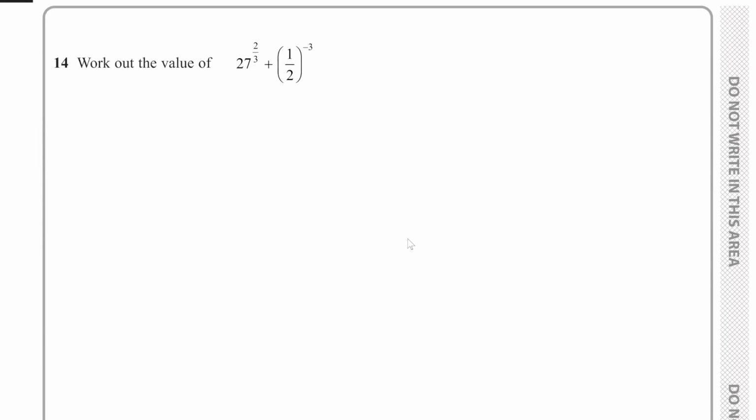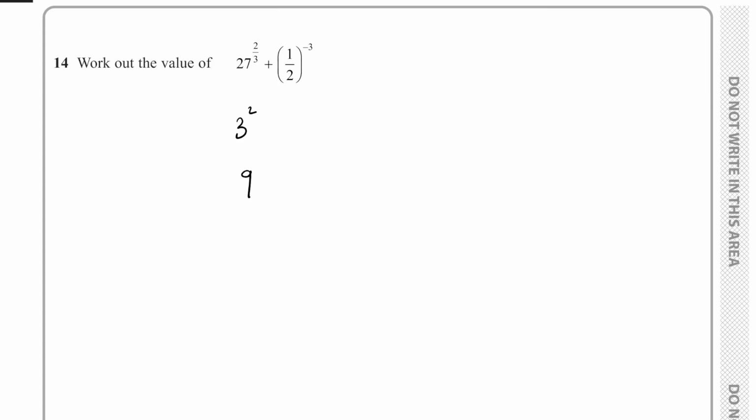Question 14. Work out the value of 27 to the power of 2/3 plus a half to the power of -3. So the power of 2/3, we're cube rooting and then squaring. So cube root 27 is 3. And then 3 squared is 9.